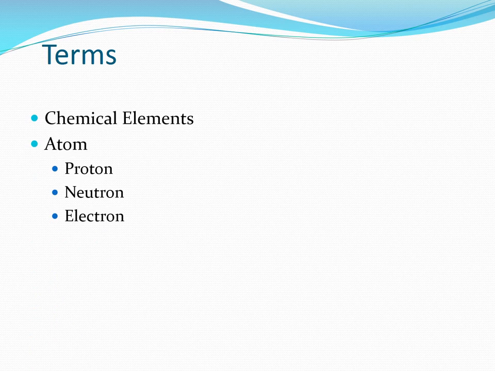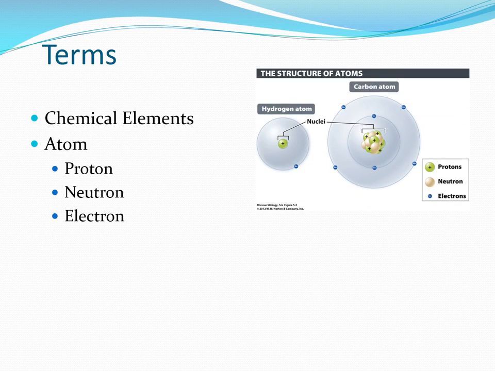So what do you need to know for biology this semester of these chemical terms? The first is that there are chemical elements, and they're comprised of atoms, and they have smaller components called protons, neutrons, and electrons. On the far upper right, you're going to see that these atoms, like carbon or hydrogen, oxygen, nitrogen. You can see the carbon atom has these small green elements that are called protons.